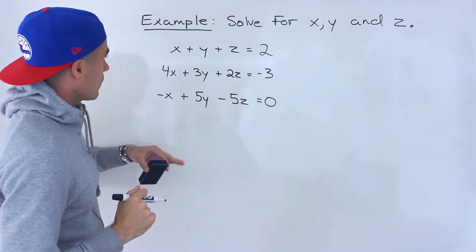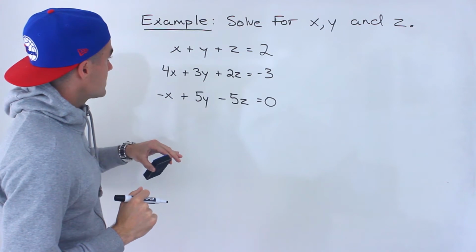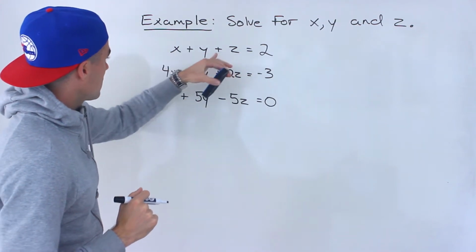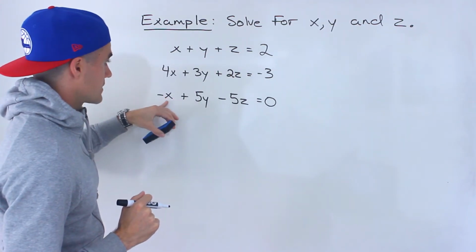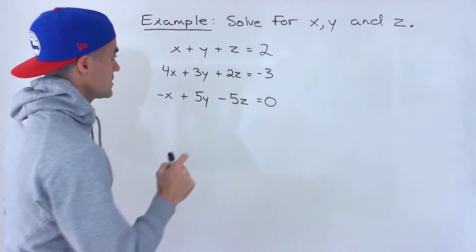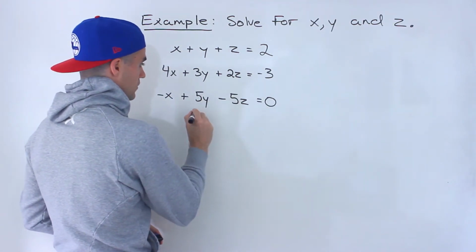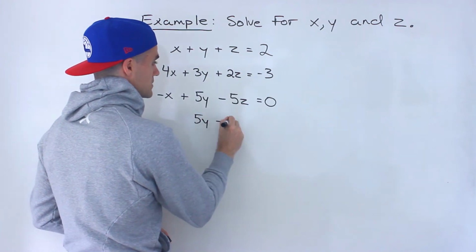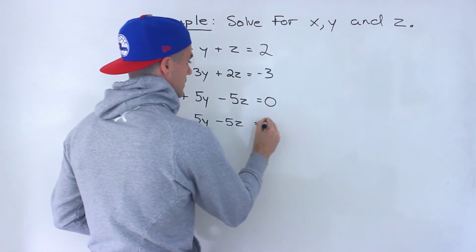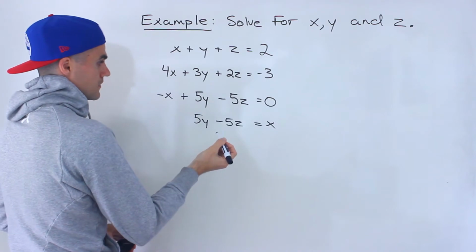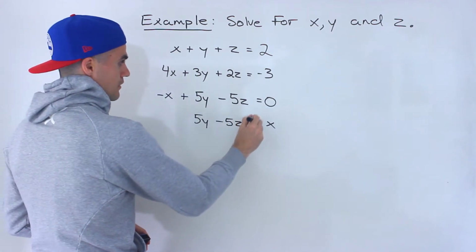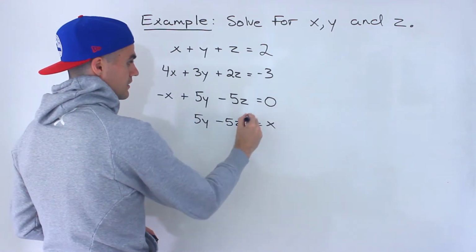So the variable I'm going to isolate for is this x over here. The reason why is because there's no constant. So when I bring the x over, notice that I'll have 5y minus 5z is equal to x. And this is nice because there's no constant here.